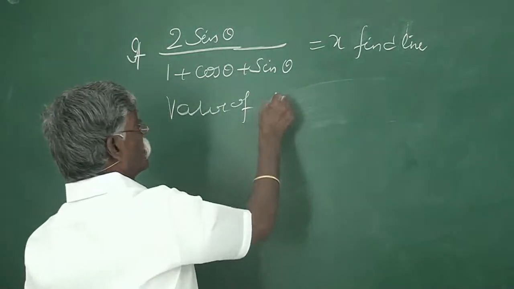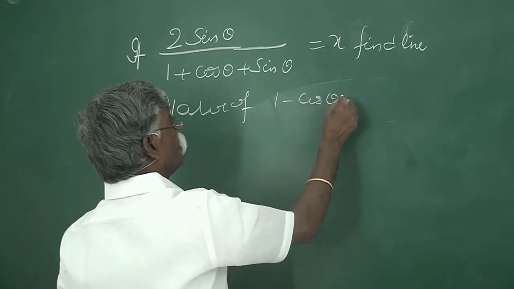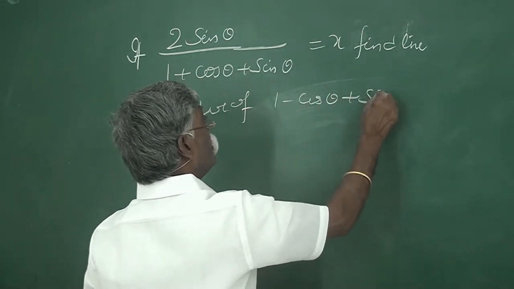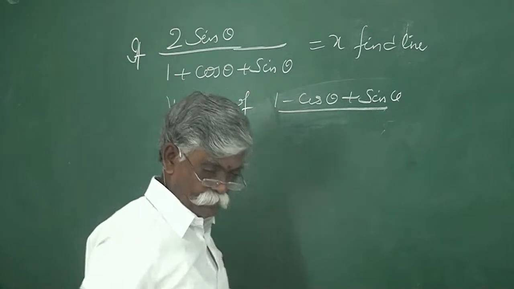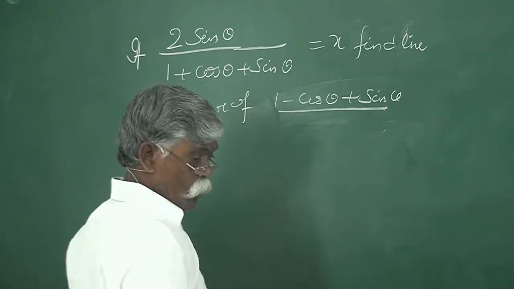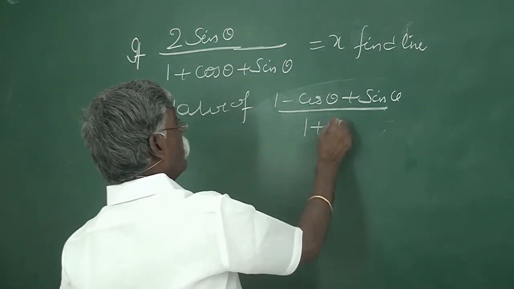1 minus cos theta plus sin theta by 1 plus sin theta.